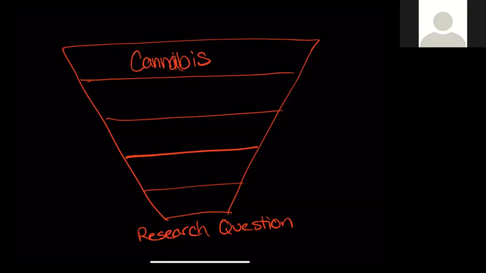And so we start with the idea that we're interested in something that has to do with cannabis broadly. From there, however, there's a lot of different things that we can look at. Well, we're in California, so we're actually talking about legal use, because we're no longer dealing with the illegal market. We do care about people who are using legally.